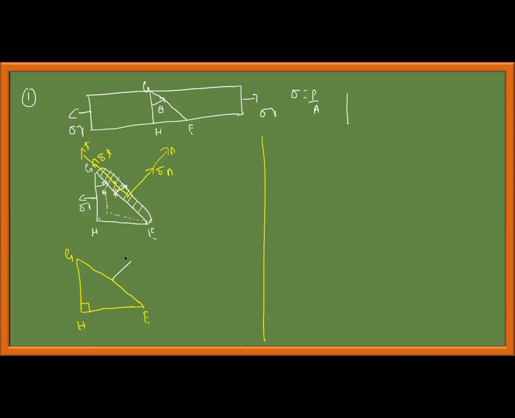This is the normal stress, and the plane is called the normal plane. This is the tangential stress, sigma t, and the plane is called the tangential plane. Okay, and the load, instead of sigma x acting here, I'm taking the load acting like this, sigma x.